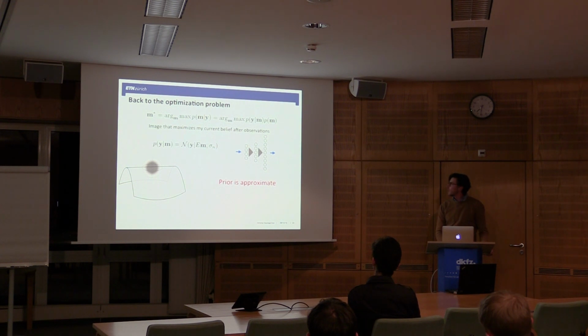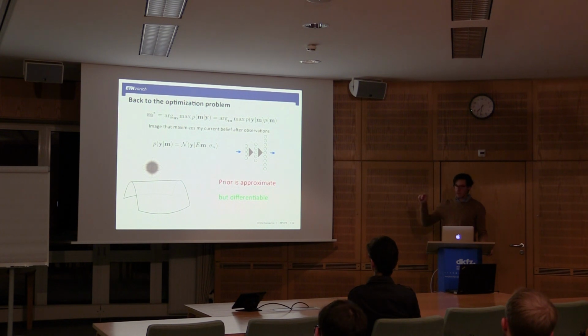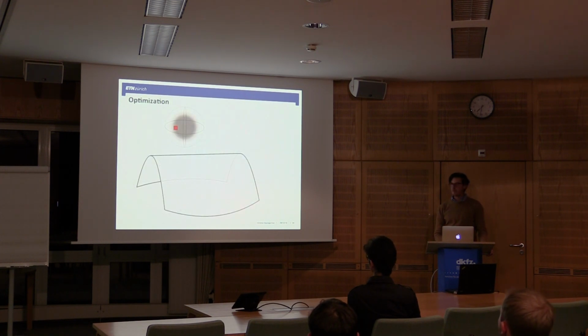However, the prior is only approximate because, as we will see later, you don't actually learn P of M. You can only learn a lower bound. So this doesn't actually have an exact intersection. However, you can differentiate this prior. So we can look in which direction in image space we should walk to get closer to the manifold of real images. How we do this is a two-step optimization.